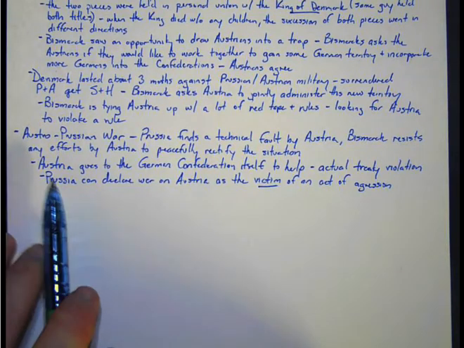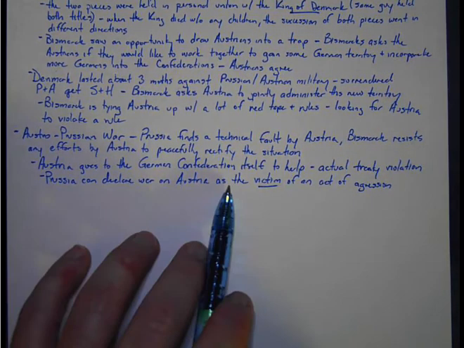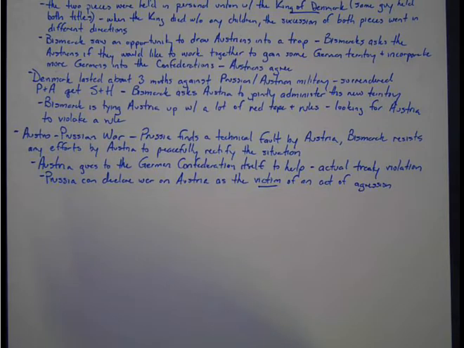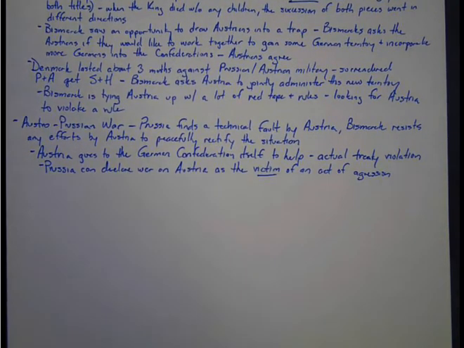Because remember, Austria is now asking all the other little Germanies to help Austria fight back against Prussia. And so Prussia now sees this as an act of war, and they can now be the victim of an act of aggression caused by Austria.